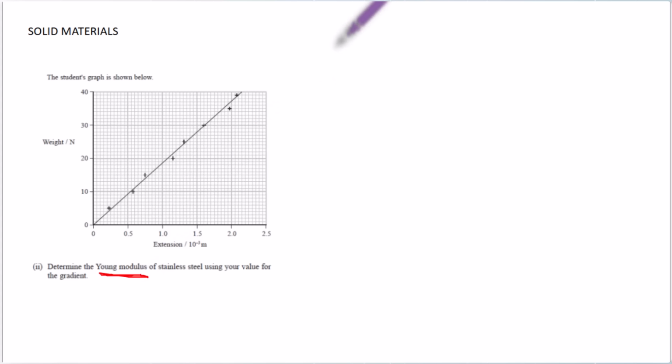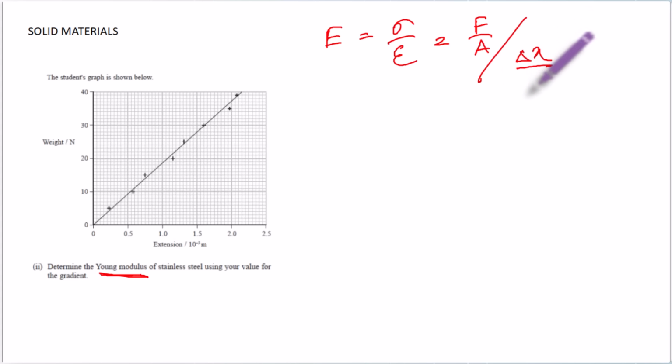So if you recall the equation for Young modulus, this breakdown will be really important. Check this out. Young modulus is basically stress by strain. Do one more breakdown. Stress is force per unit area divided by strain, which is extension by original length.